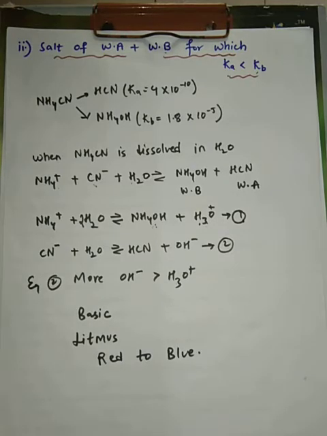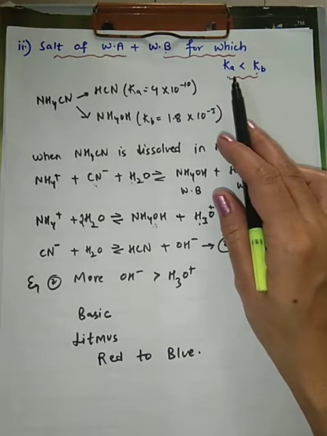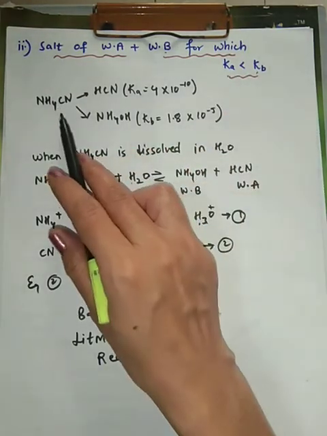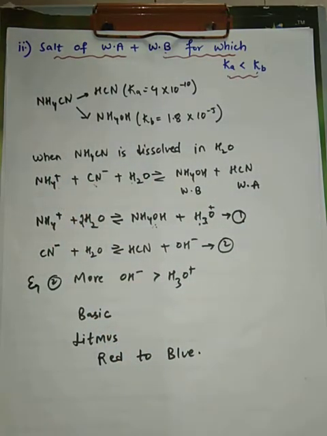Okay, so this was the salt of weak acid and weak base for which the basic strength was more than the acidic strength. You first need to remember the proper example, that is ammonium cyanide.